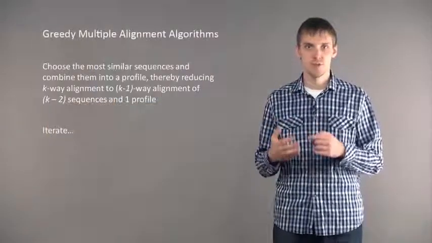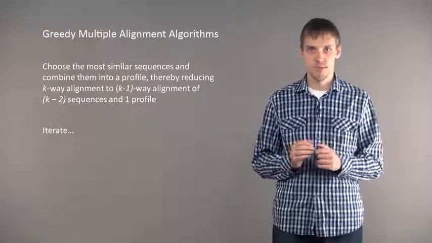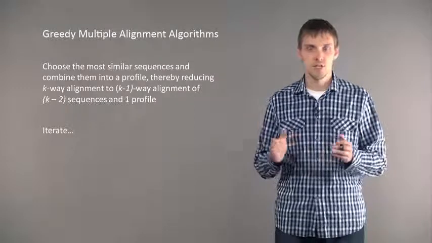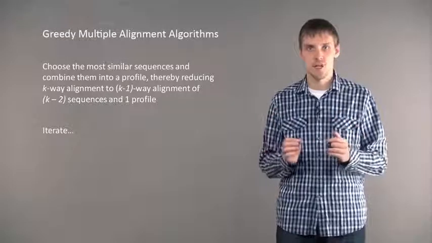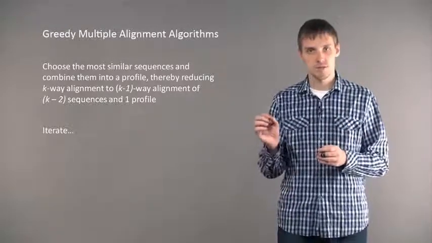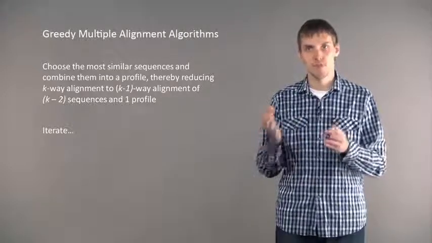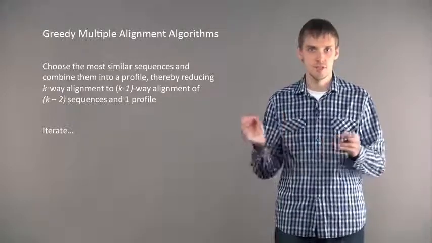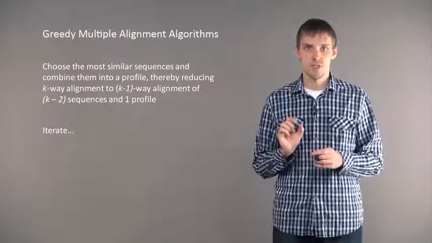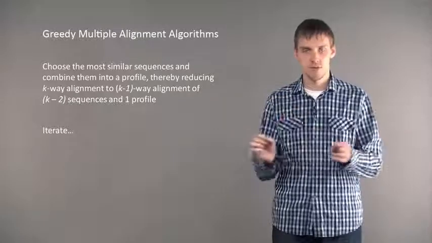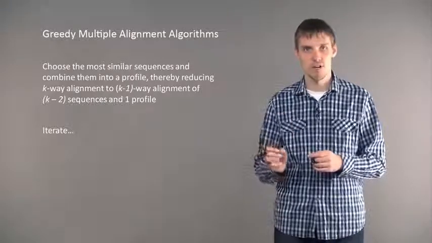We can construct a simple greedy algorithm. We will calculate all pairwise alignments between all sequences. For example, we have k sequences at the start. We will calculate all pairwise alignments of these k sequences, which is proportional to the quadratic number of these sequences, and we will find the two closest sequences among all of them, and we will join these two sequences into a profile.